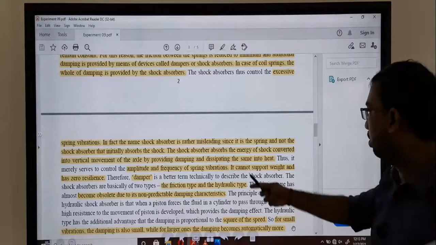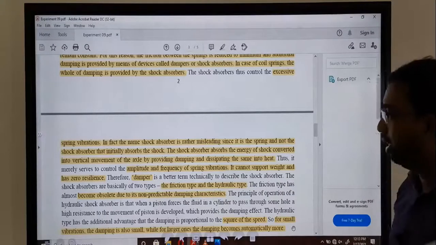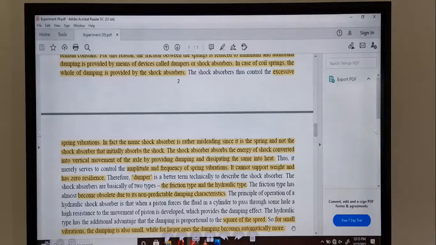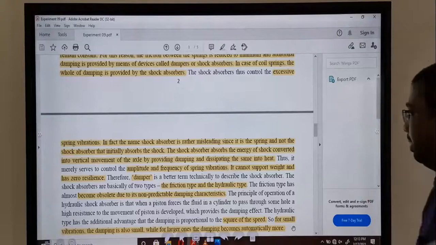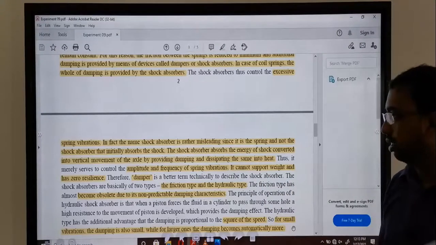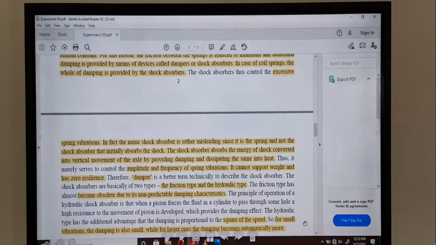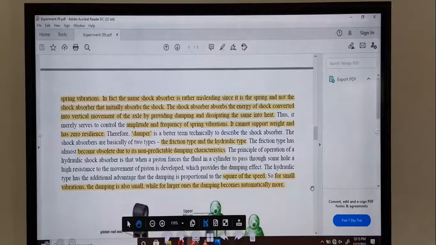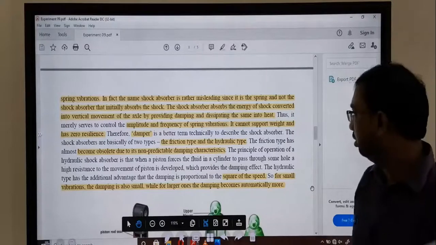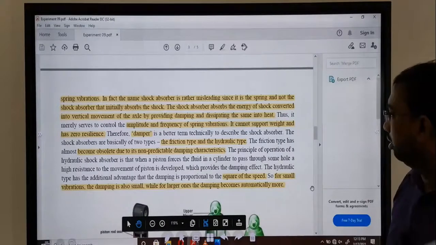The shock absorber absorbs the energy of shock converted into vertical movement of the axle by providing damping and dissipating it. It dissipates the heat. So it is going to move in the vertical movement. That is all.